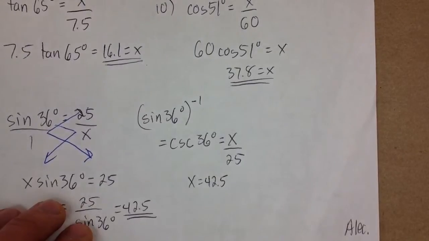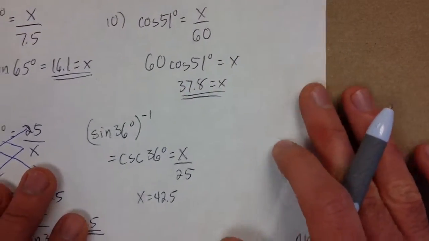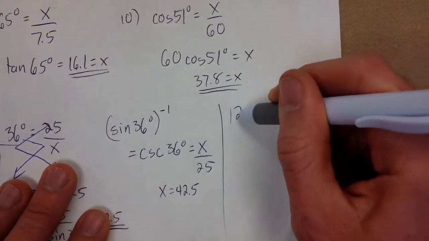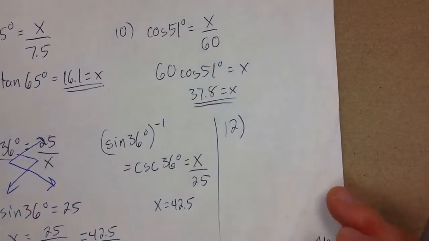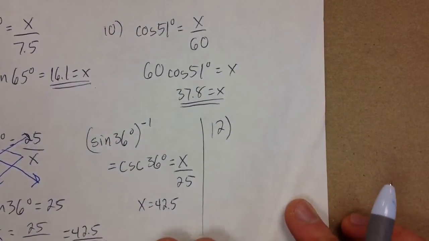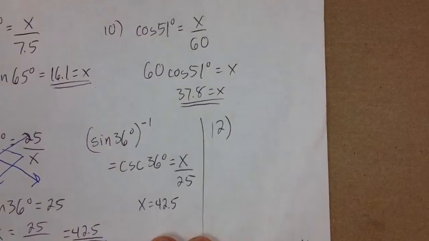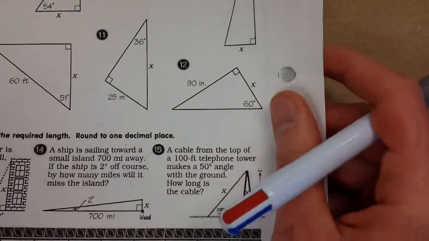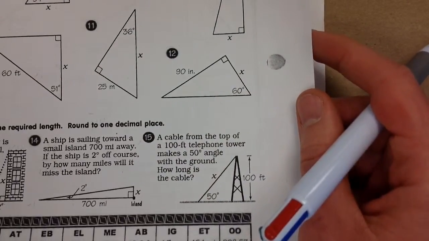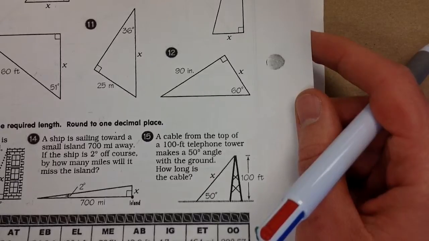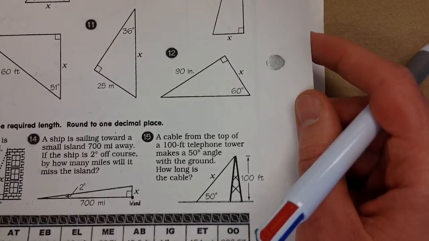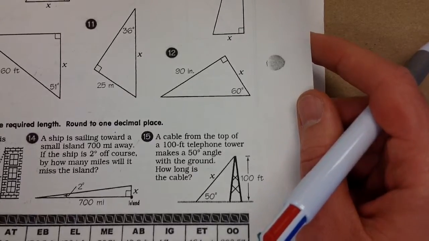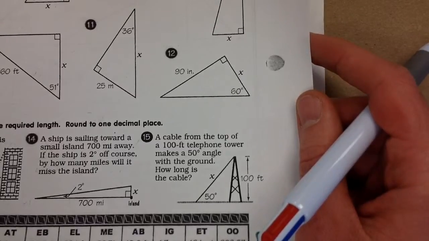Good. And one more in that set. 12. Alec, you were called while you were out. Could you tell me which trig function you would use for number 12? Cotangent?